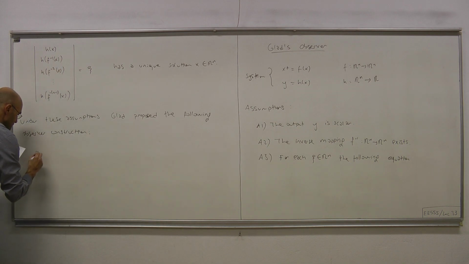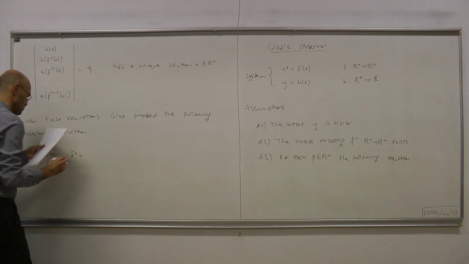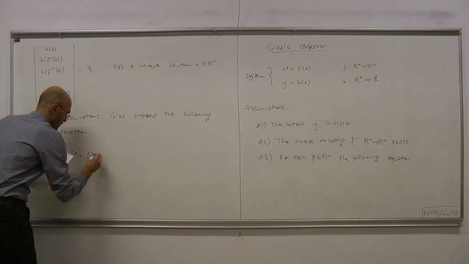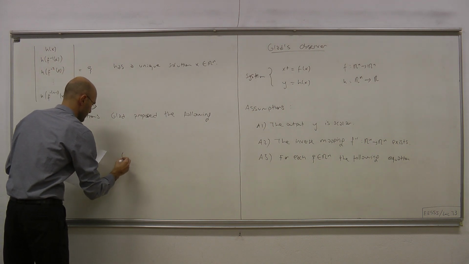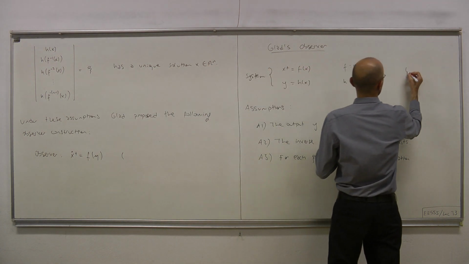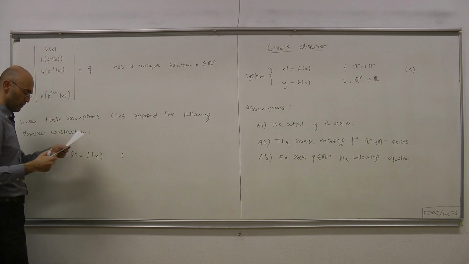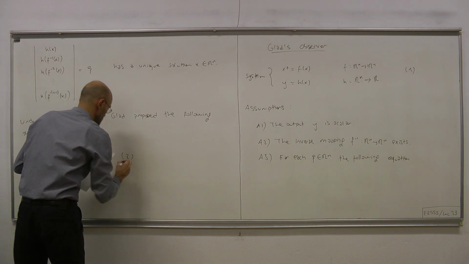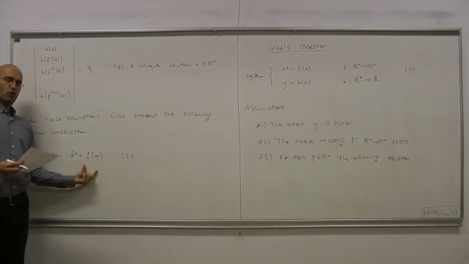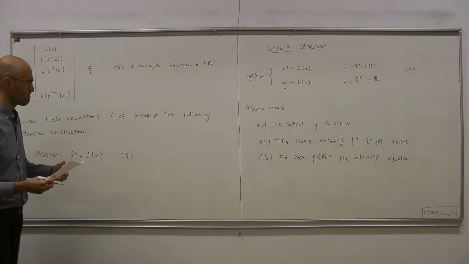Okay, here is the observer. Dynamics: x hat plus equals f of eta. So this is system 1, the given system, and this is our observer system. Let's call it 2, of course. In this form, it's meaningless without defining what eta is.